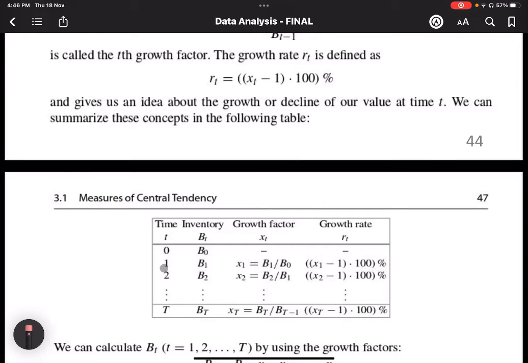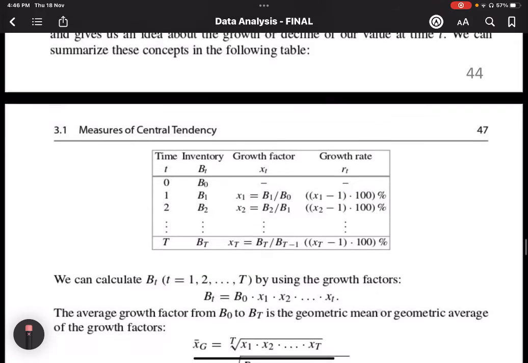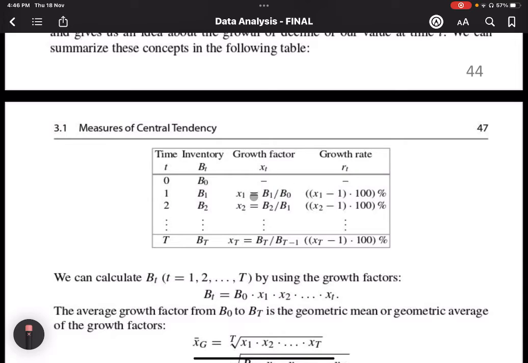So we have time 0, 1, 2. These are its changes: the initial value, and then change 1, change 2. So it is increasing, and we can calculate using the growth factors. How do we get the first growth factor?